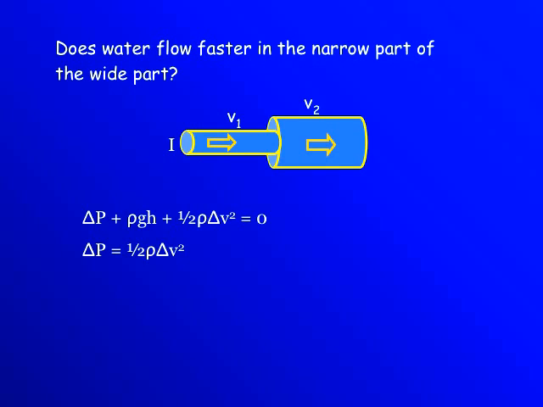It goes into pressure. Pressure is a form of energy density. It's another energy form. So if the kinetic energy density decreases, the pressure must increase. Which is a greater pressure, P1 or P2?